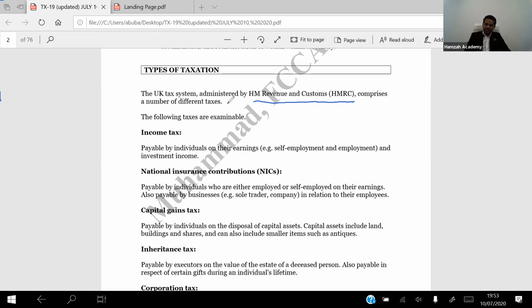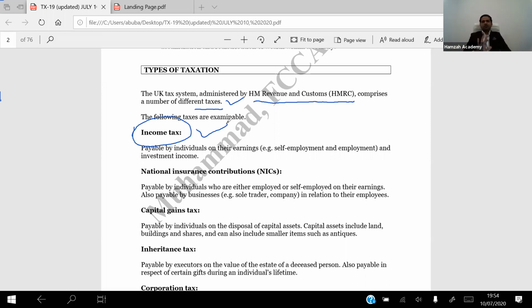Here, they have comprised a number of different taxes. The first portion is income tax, which is very popular. I think everybody knows, there is no need to emphasize this part. Income tax is actually on individuals. When it comes to companies, there is a different name for that.